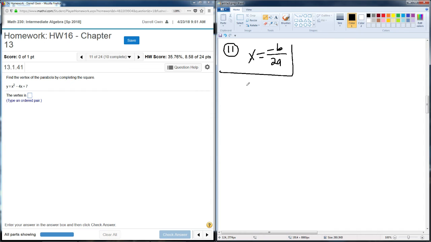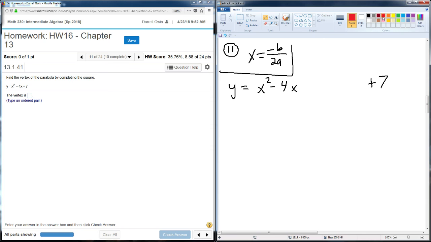But the lesson here is solve by completing the square, so I will show you how to solve by completing the square, which nobody would ever do. Nobody would ever do this on this problem.